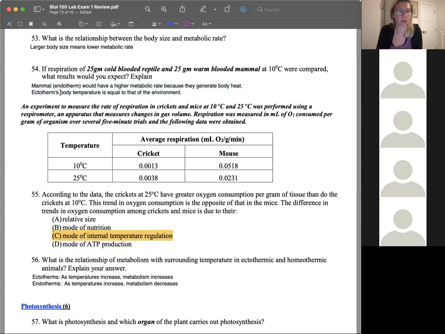Well, I can just kind of get it from here. Let's see, internal temperature. Okay.